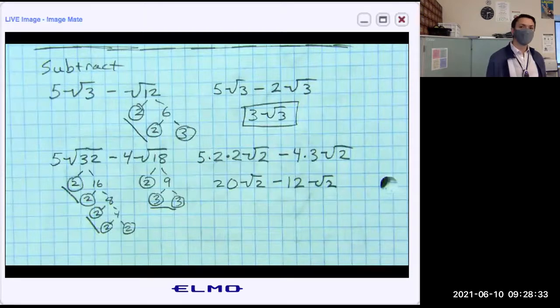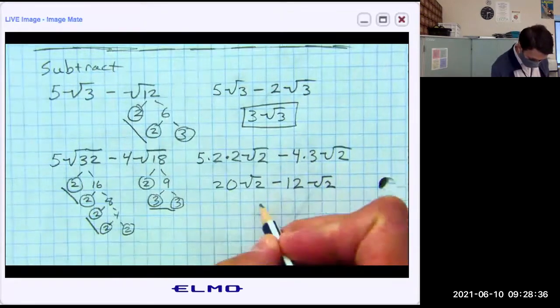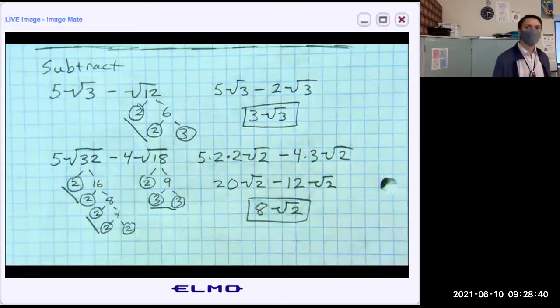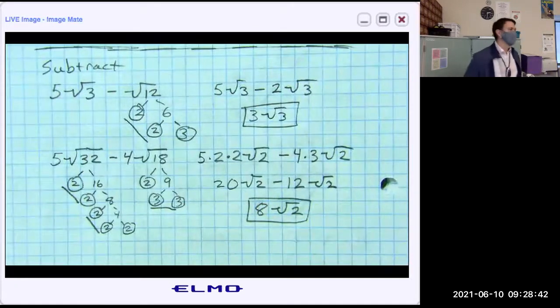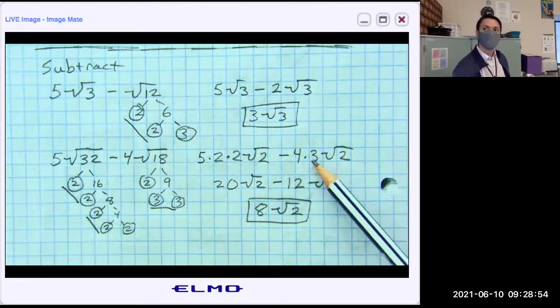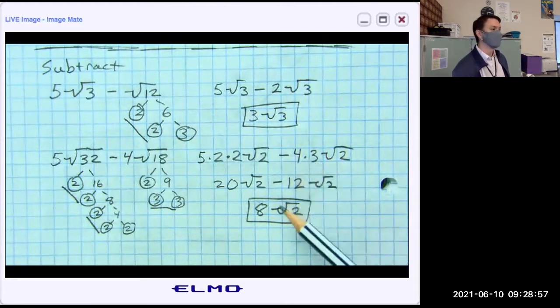But you can subtract them. 20 minus 12 is 8. 8 square root of 2. If the 3 was a negative here, then it'd be a negative times a negative, so it'd be a positive. So it would change it to addition.